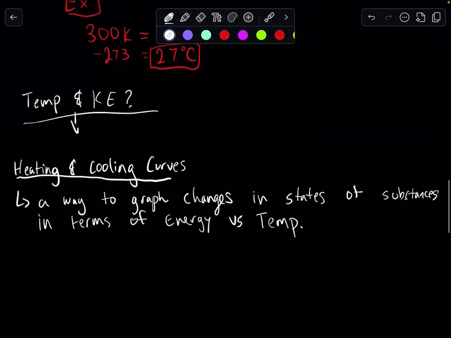Now, specifically when we're talking about energy here, we're going to be talking about thermal energy, in other words, heat. So like if you put a heat source under a block of ice.